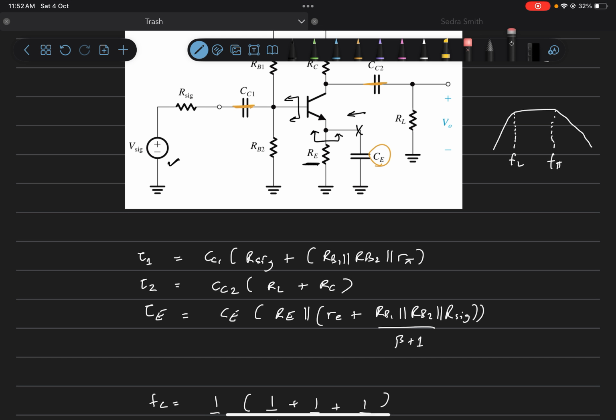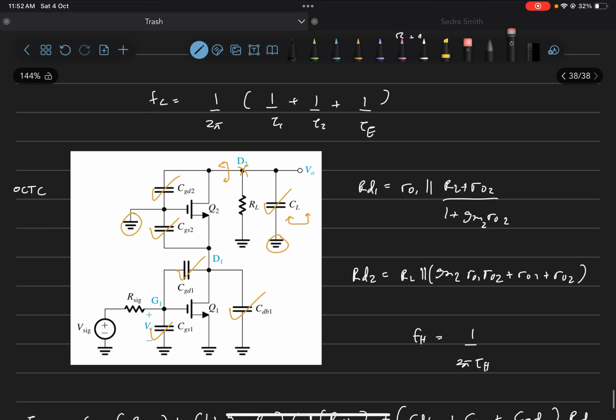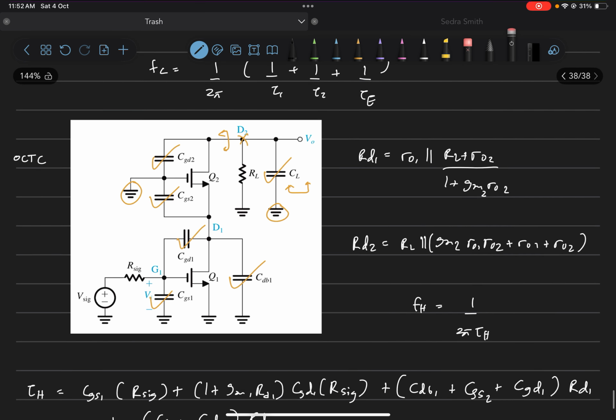Once you know that, just open or short the other capacitors, find the individual time constants, plug them into the formulas for FL and FH, and you will get the values. That is useful because you need to know the approximate frequency response of your amplifier, and the flat band must fall in your required range of frequencies.